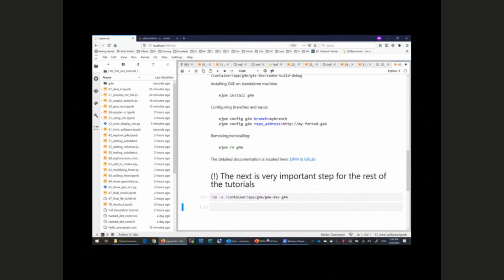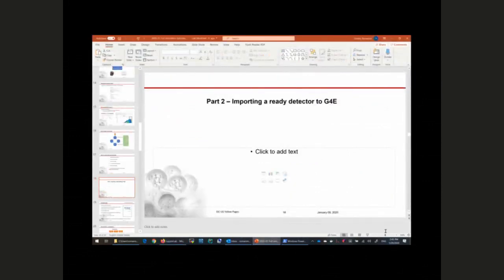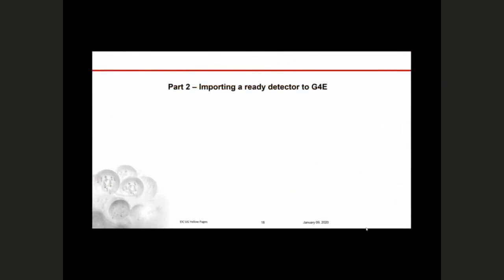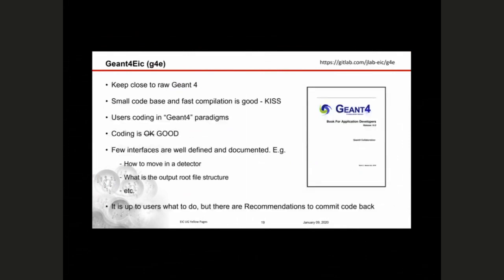Let me now go back a little bit to the presentation and show you what this G4e is, how it works, and what is inside. So first of all, this G4e is pure Geant. Everything is done in a pure Geant way. And the idea behind it is that if you are a Geant developer, and we hope that it will be convenient for detector developers if they are Geant experts, to navigate and browse the code.